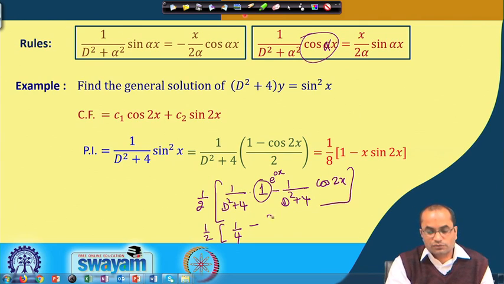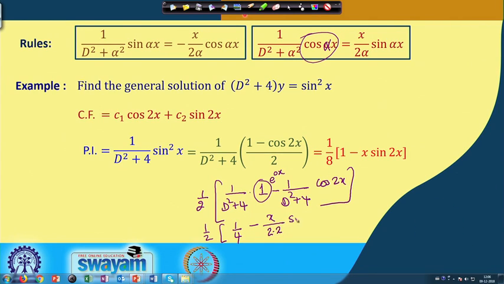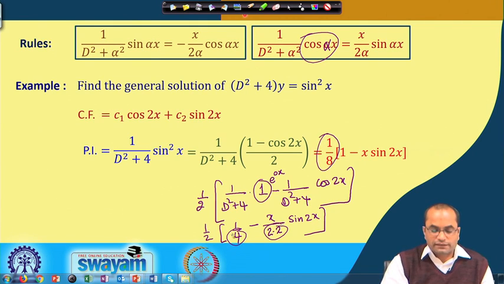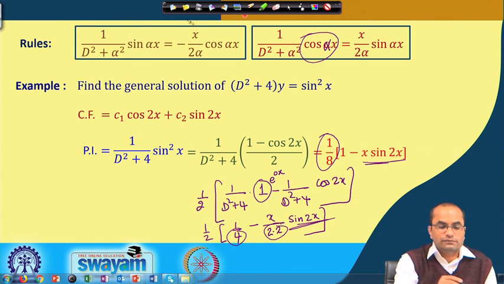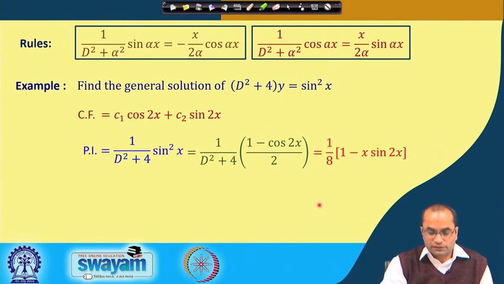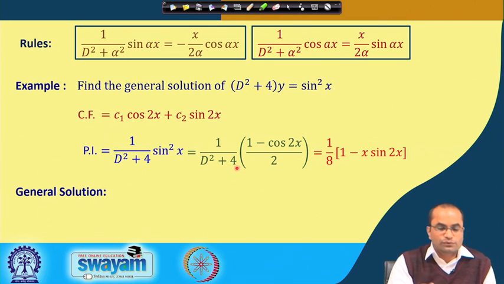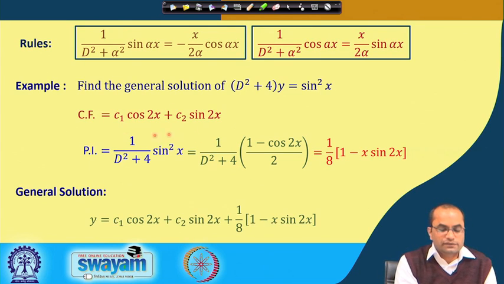That will be x over 2 alpha, where alpha is 2, and cos becomes sin 2x, with 4 again. So, we have 1 over 8, and then we get 1 minus x sin 2x. That is the result, and the general solution will be just the complementary function plus this particular integral.